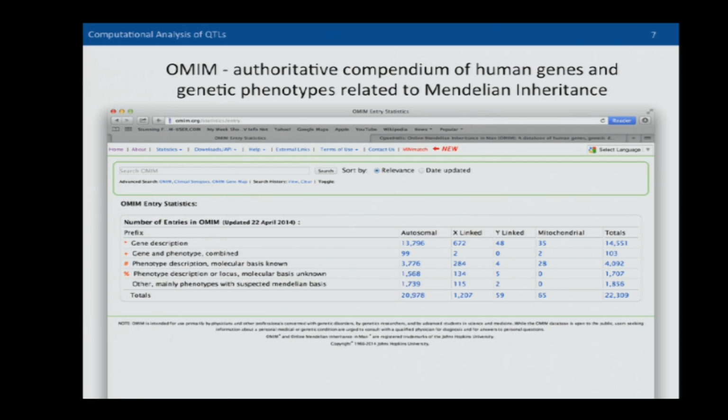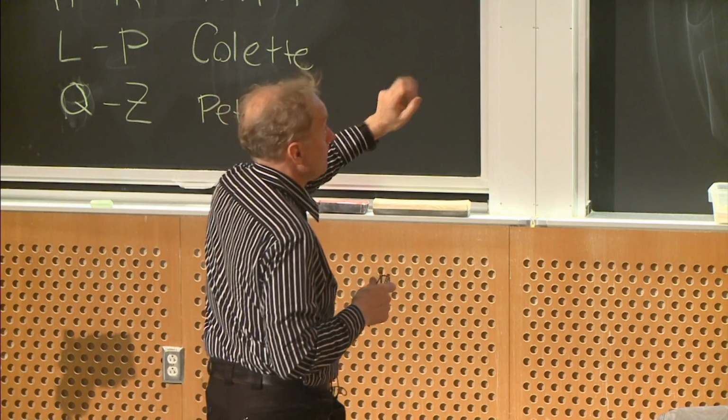It's a great way to explore what human genes function is in various diseases. You can query by disease, you can query by gene, and it is a very carefully annotated and maintained collection that is worthy of study if you're interested in particular disease genes.